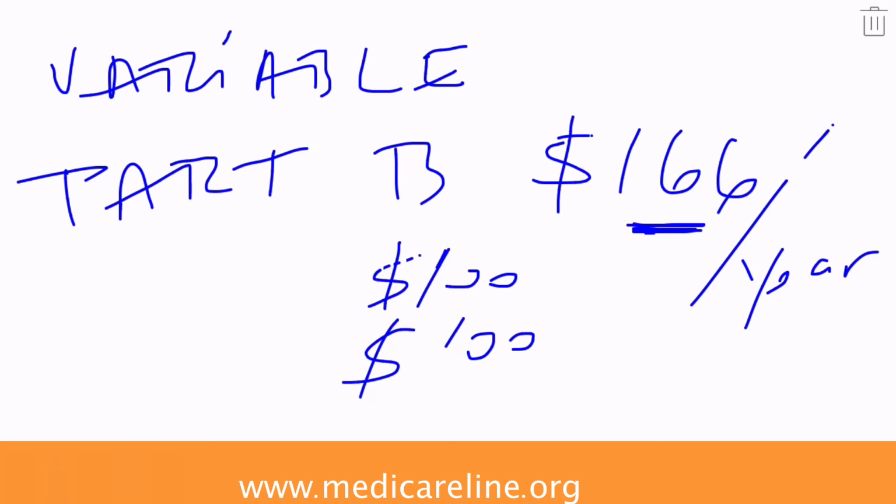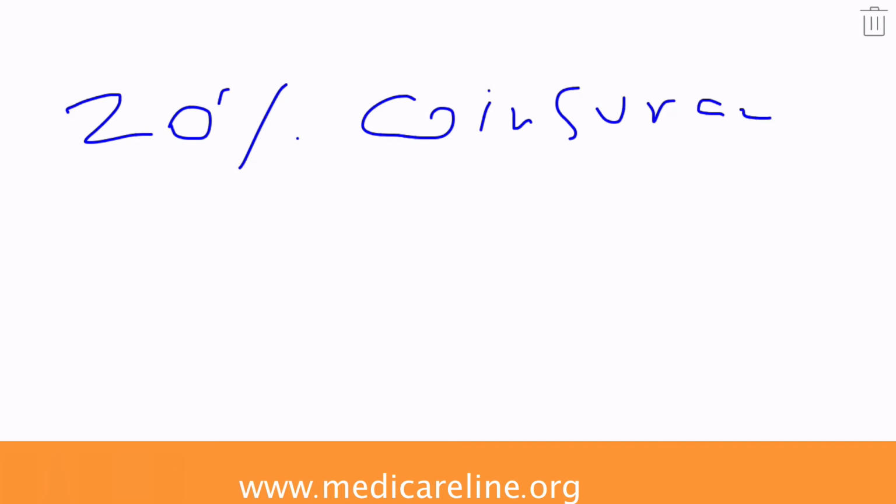So then your Part B coverage kicks in, because you already paid the 166. Then if you see the doctor again for $100 a third time in a year, this is covered. But it's covered at 80%, okay? Because you're still incurring a 20% coinsurance cost. Remember that 80-20? So once you pay that 166 deductible per year, once you reach that amount, then Medicare kicks in, but it kicks in at 80% coverage.